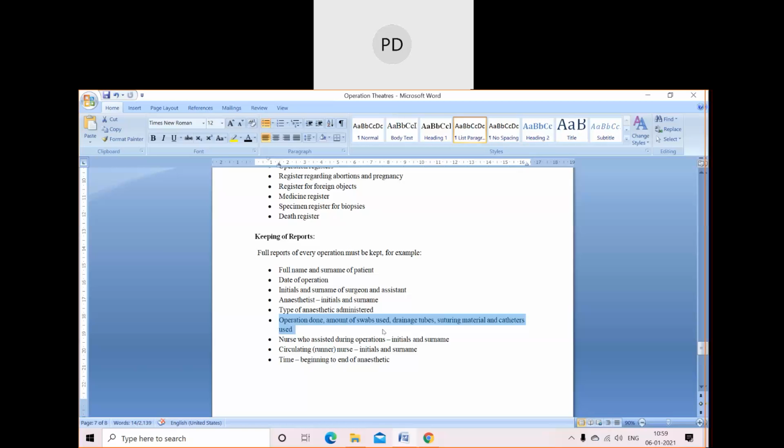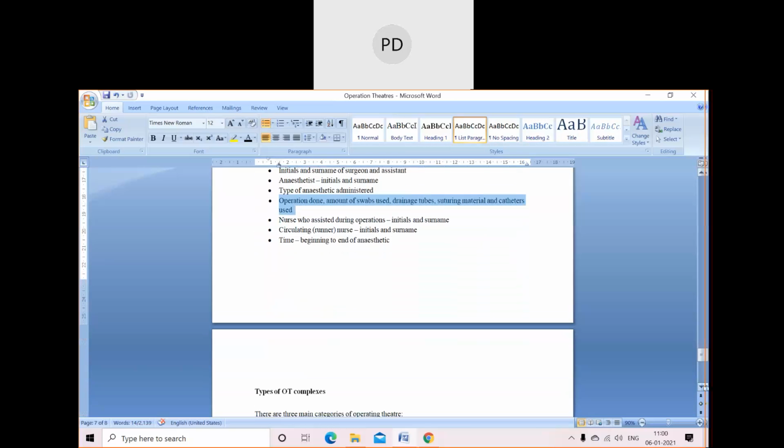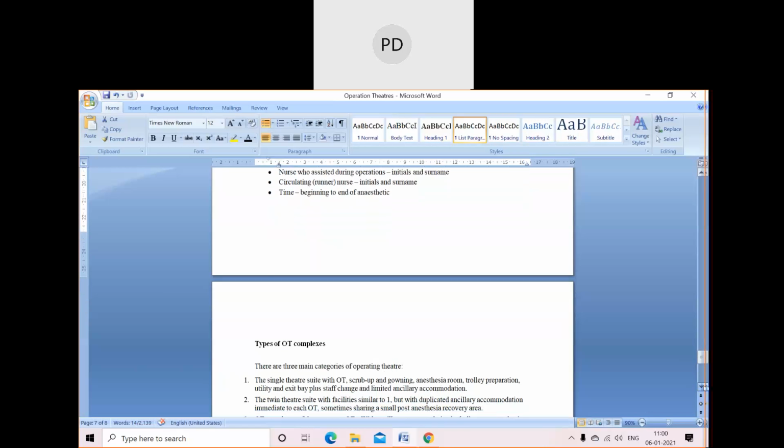Everything you have to note down. About the nurse also you have to write the details of who has assisted, and the circulating nurse's details, and the time of starting of the anesthesia and the time when the person recovers also has to be maintained.